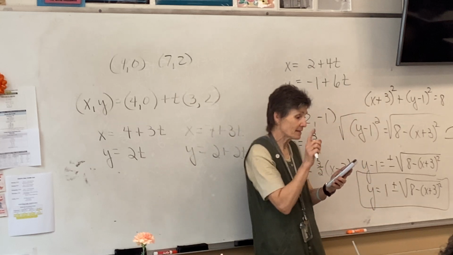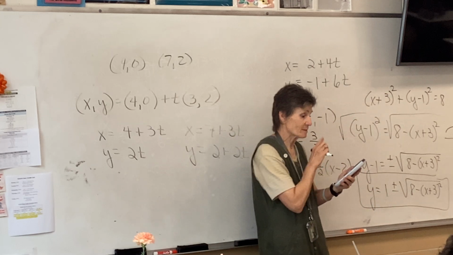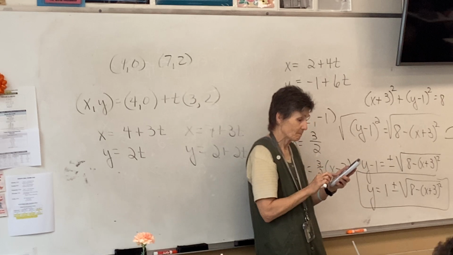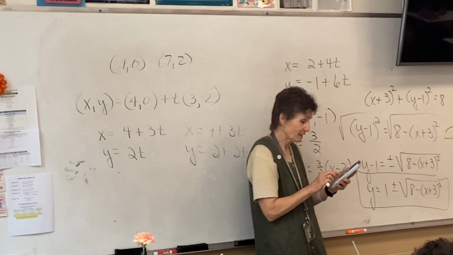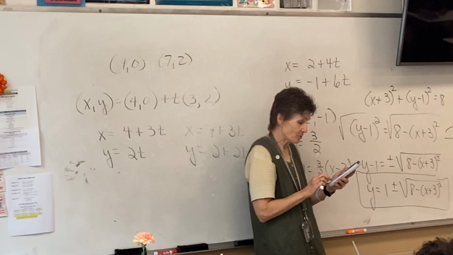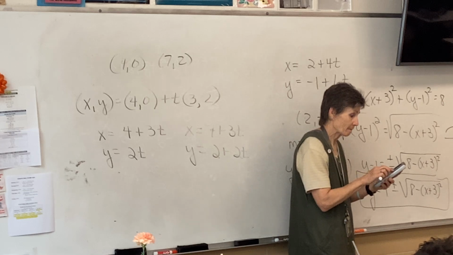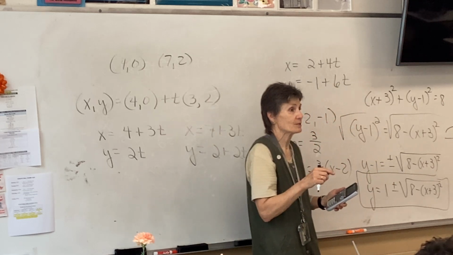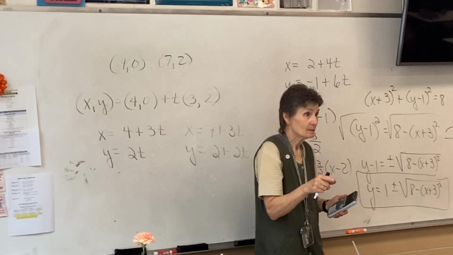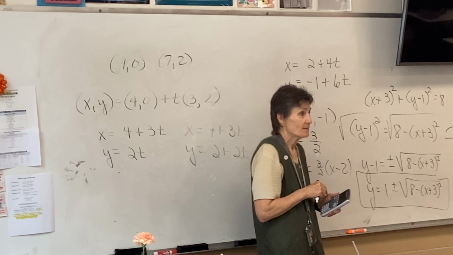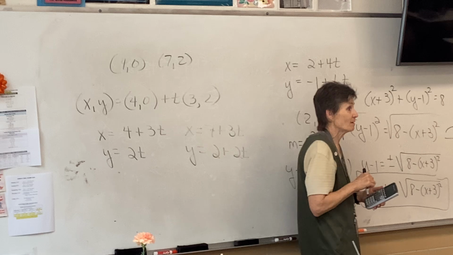So you said to me, this thing was a circle, not a function, and you are correct. However, if I split it up and do each part separately, each part is a function, and when I do them at the same time, I get the circle. That's what we mean by an implicit function.